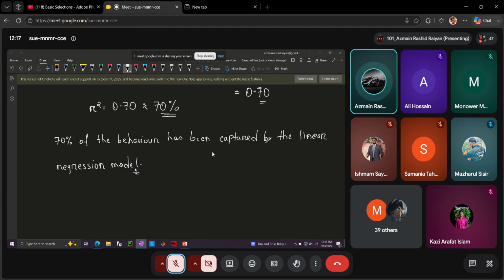As we are working on linear regression models, if our coefficient of determination is 0.70, then 70% of the behavior has been captured by the linear regression model.